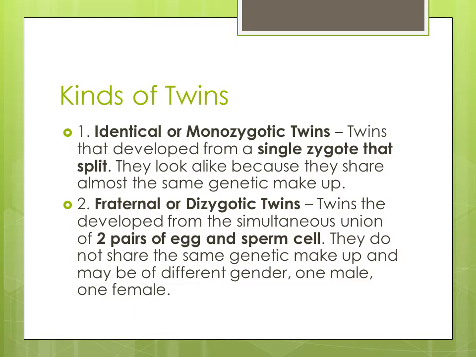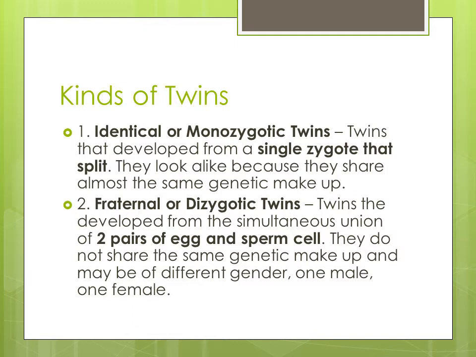So fraternal or dizygotic twins require two egg cells and two sperms uniting each other. In identical or monozygotic twins, you just require one single zygote and then it splits. In fraternal or dizygotic twins, you will need two egg cells and two sperm cells, and then they will meet. So there will be two zygotes.